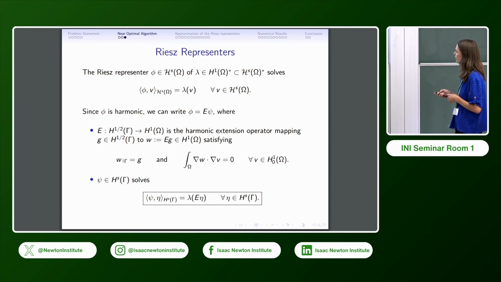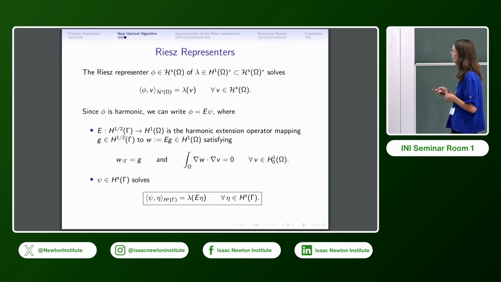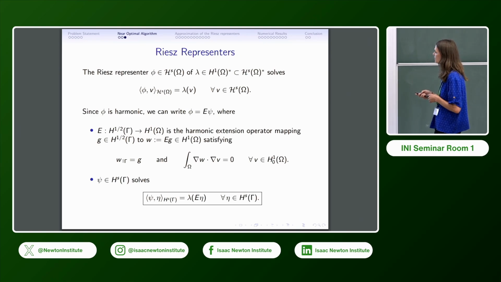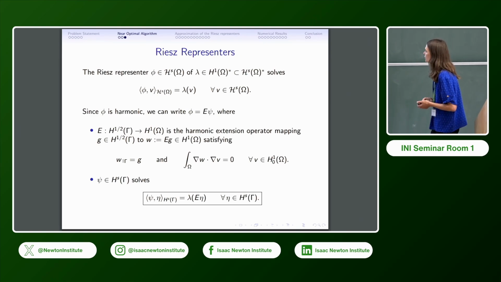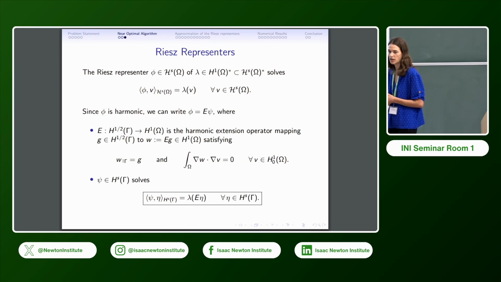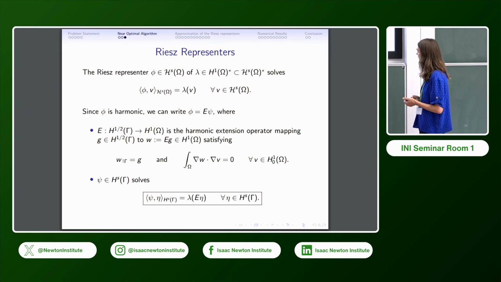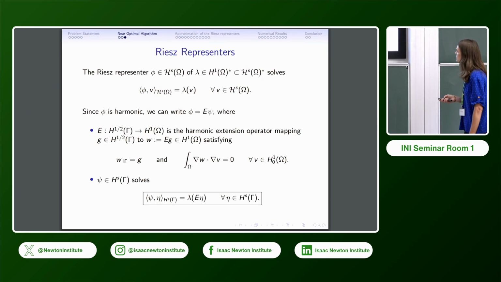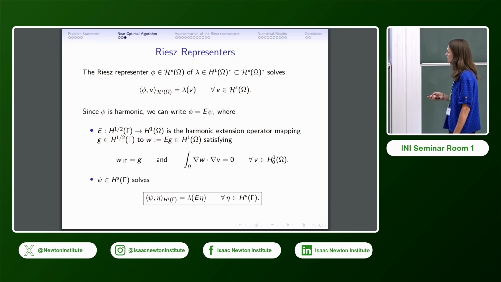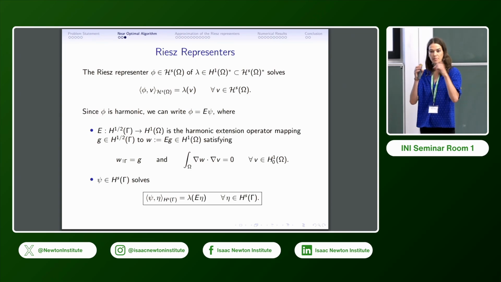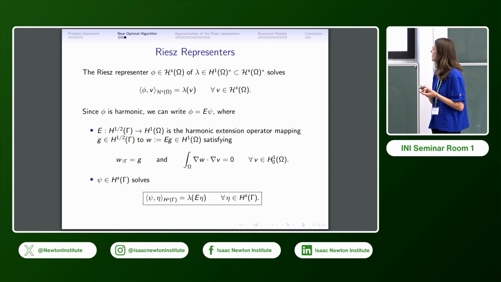So you take a function in H1 half, it gives you a function in H1 that satisfies the given G, and then satisfies this relation here for any test function in H1 0. And then the psi is the solution to this system here. So we have the HS inner product, which is an inner product on the boundary of the domain, gamma.